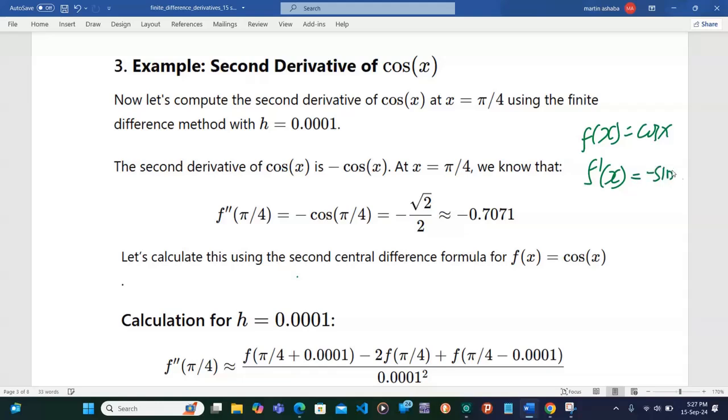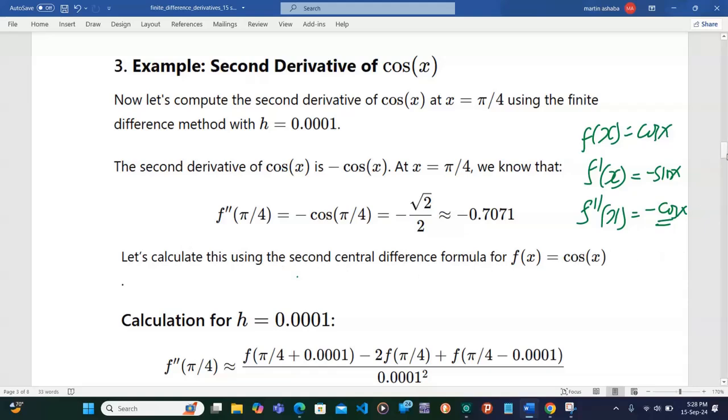The second derivative, we now differentiate this, and this becomes negative cos of x. We get back to this, but now the negative remains there. So cosine of pi over 4 is approximately equal to 0.7071. So when we maintain that negative, it becomes negative 0.7071.